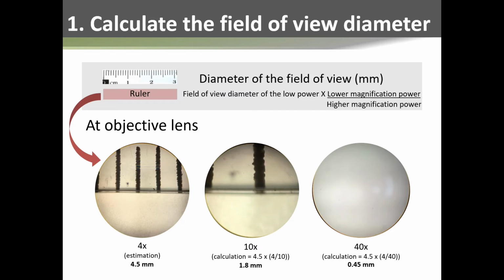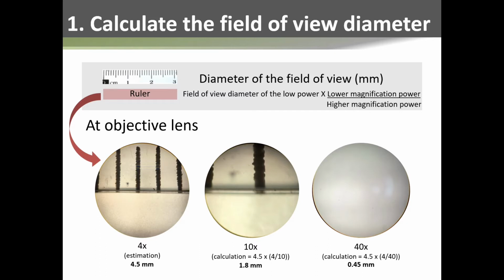At 4x, the field of view diameter is equal to 4.5 millimeters. At 10x, the field of view diameter is equal to 4.5 times 4 divided by 10. The answer is 1.8 millimeters.